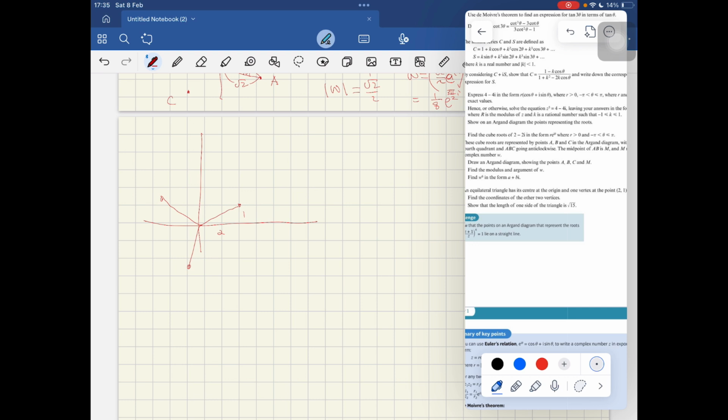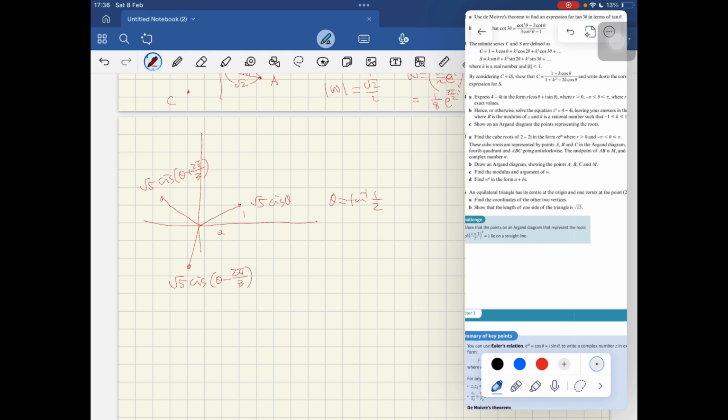Actually we don't know what it is, so let's say this one is square root of 5 cis theta. The others are square root of 5 cis (theta plus 2 pi over 3) and square root of 5 cis (theta minus 2 pi over 3). So theta is arctan 1 over 2. So you will find the coordinates of the two vertices.